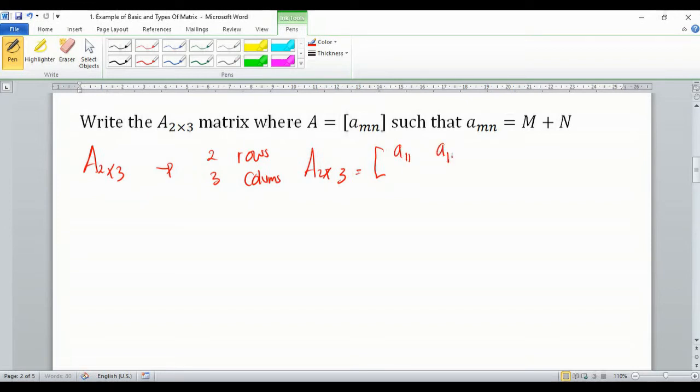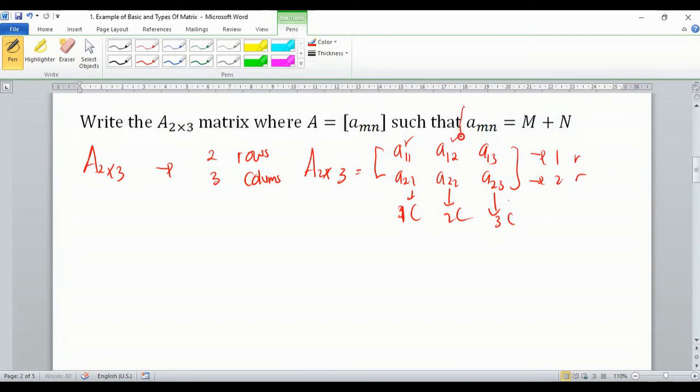A11, A12, A13, A21, A22, A23, right? They have first row, second row, and then 3 columns: first column, second column, and then the third column, right? After this, you need to find the elements A11, A12 until A23, right?